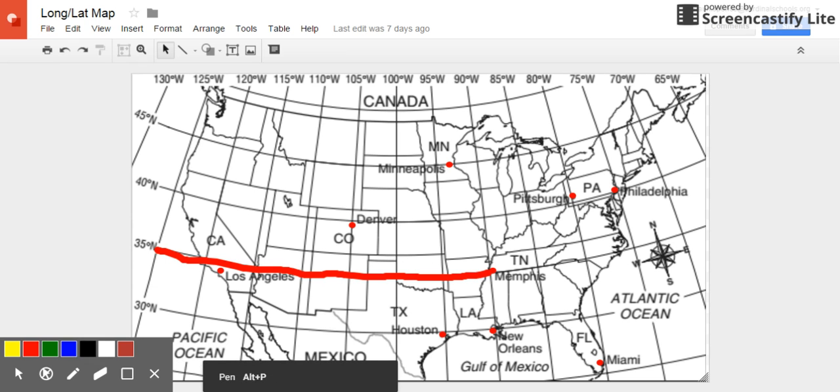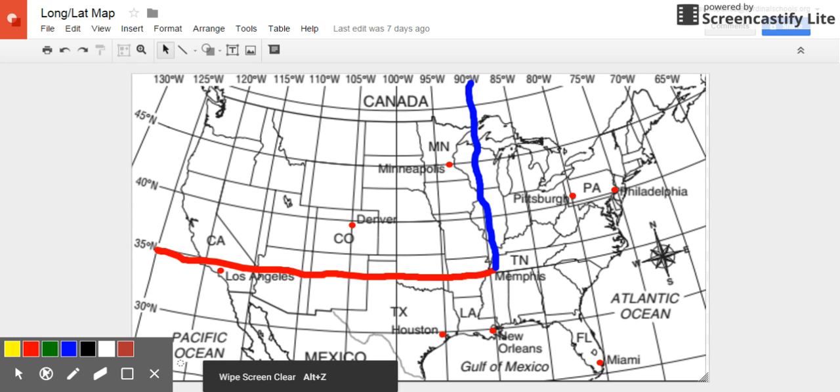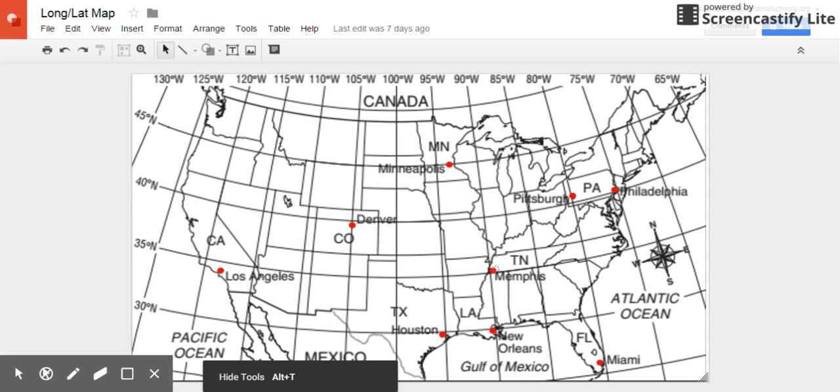Then it's just a little bit to the right of 90, so I'll stay right about 90. It's right about 90 west, or just a little bit east of it. As you can see, Memphis is just touching 90, or maybe a little bit to the right, which is a little bit to the east. So you could say either 89 or 90.